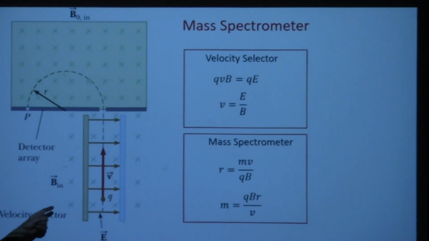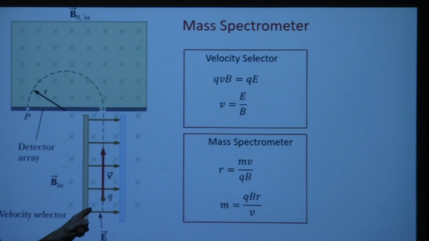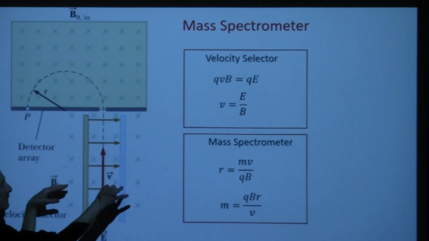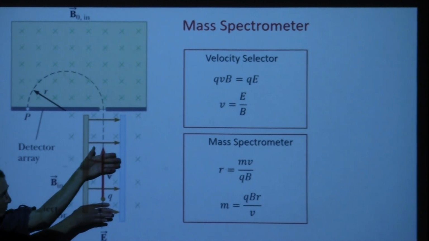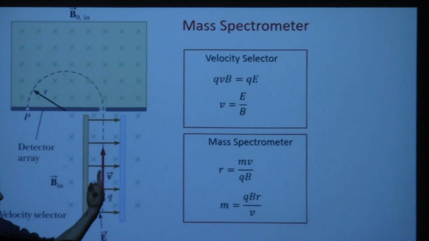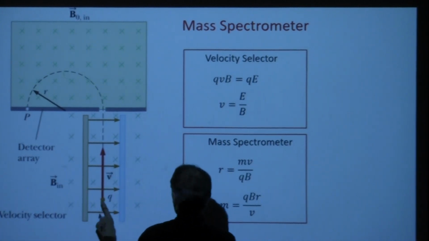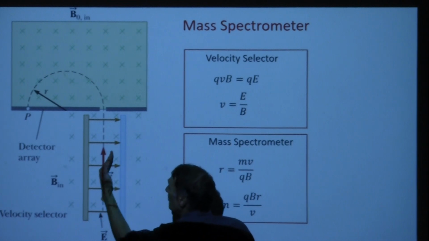So we can do that with this idea of the velocity selector. The idea is we're going to have a magnetic field along with an electric field this way, right angles to one another, and we're going to bring in a charged particle traveling with some speed v. Now the electric field is going to try to bend it this way.